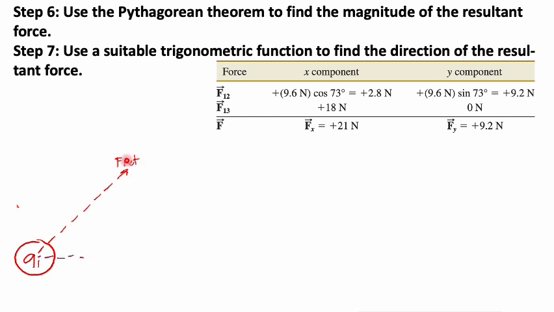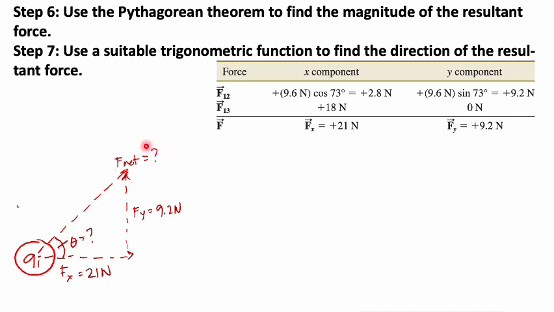Ito na yung net force or the resultant force. Ito yung sum of the x component, the sum of the y component, and what is now the angle? Because we have a new angle now. Saan na ba siya? Gaano ba kalaki yung angle? Those are the things that we are going to find out.